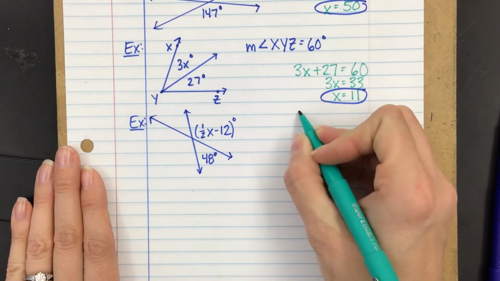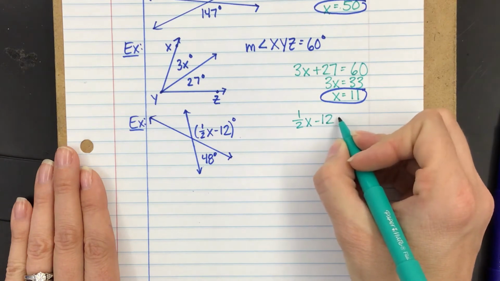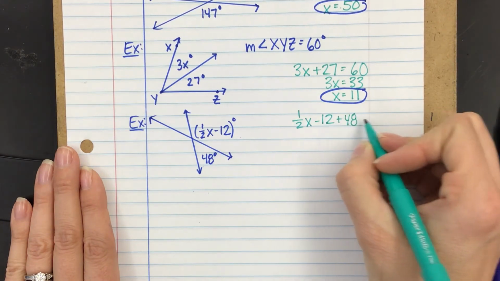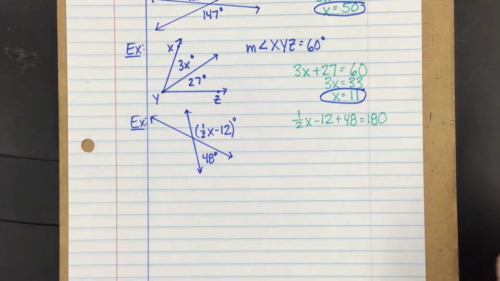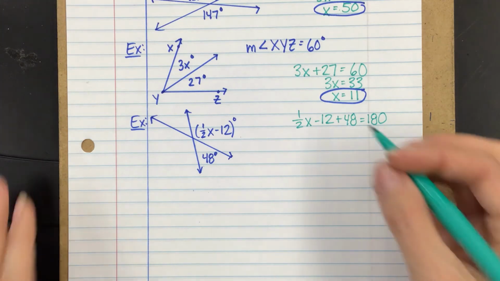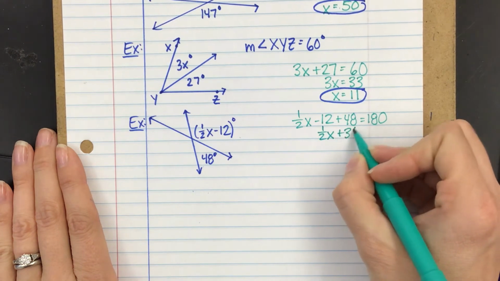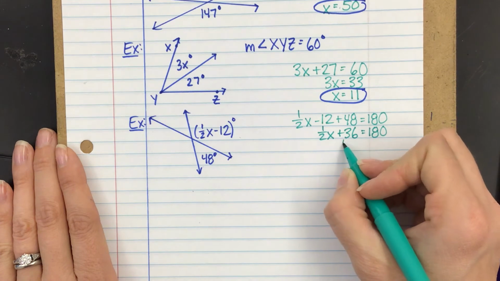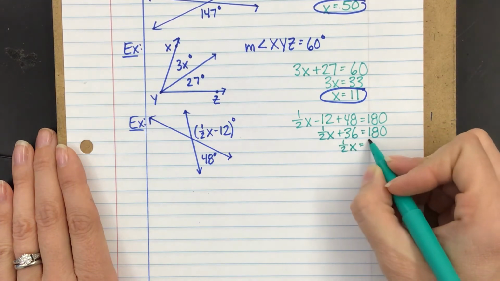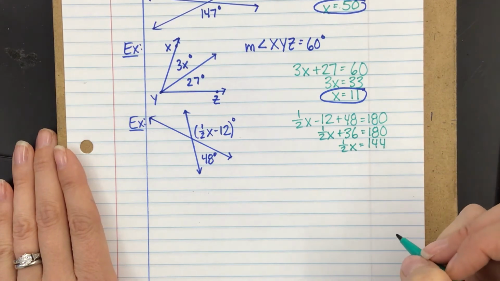Hopefully your equation looks something like this. What did you guys get for the value of x?